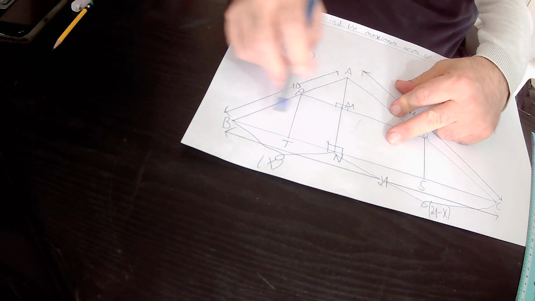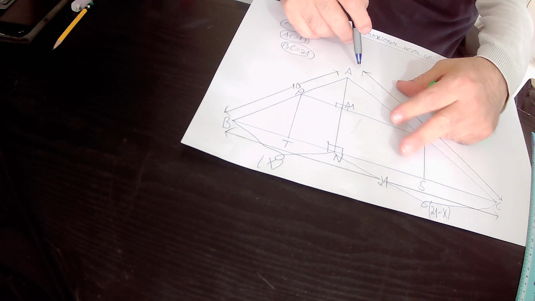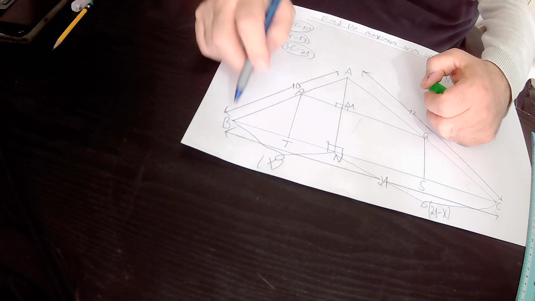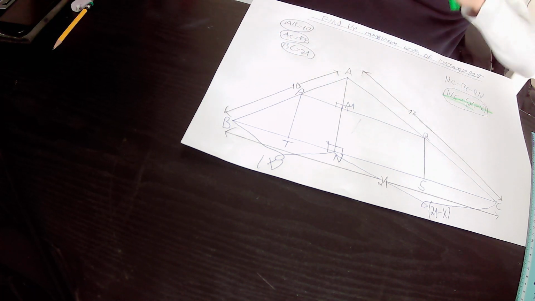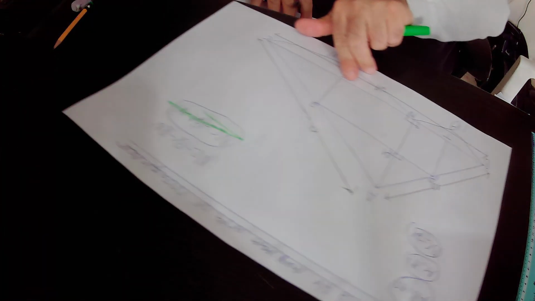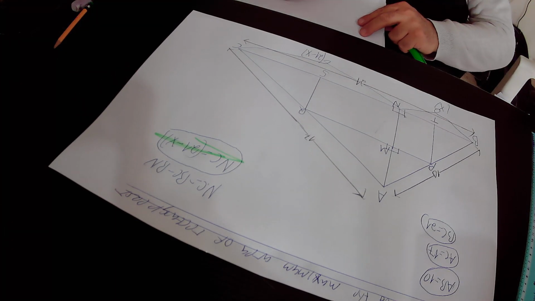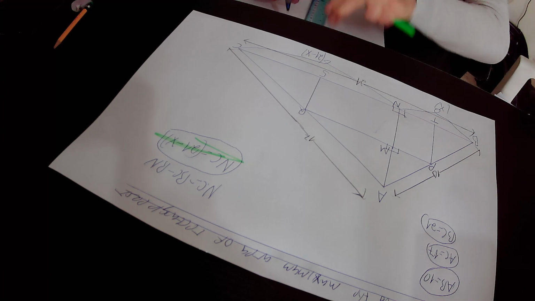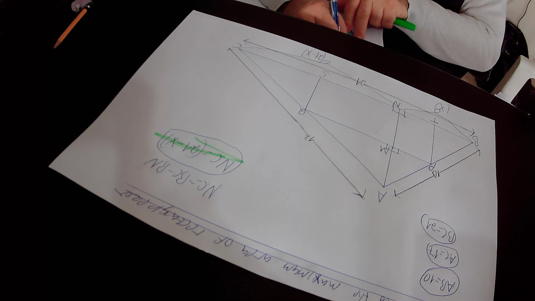In the next step, I'll copy this right triangle ABN onto a new page, and we will apply the Pythagoras theorem to this right triangle. According to the Pythagoras theorem, in a right triangle, the square of the hypotenuse equals the sum of the squares of the perpendicular sides.